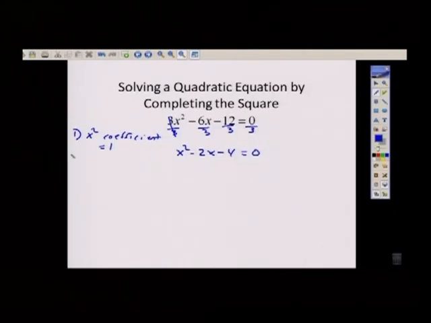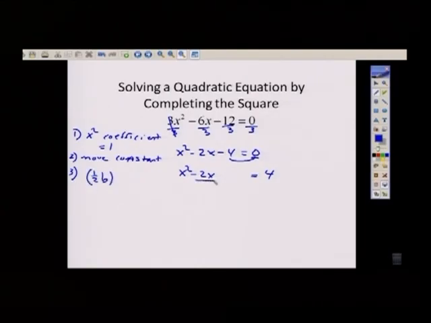The second step in completing the square is to move the constant to the other side. So I'm going to add 4 to both sides and come up with that equation. Next step is we're going to take half of the b term.